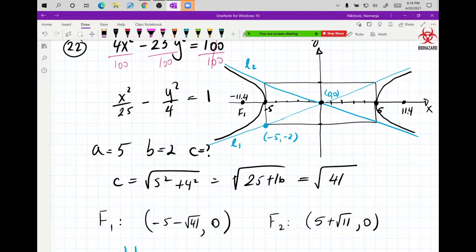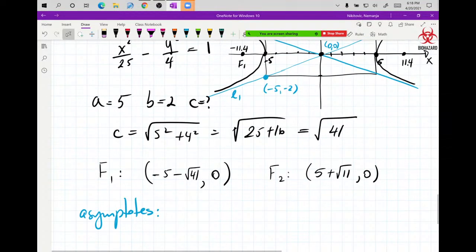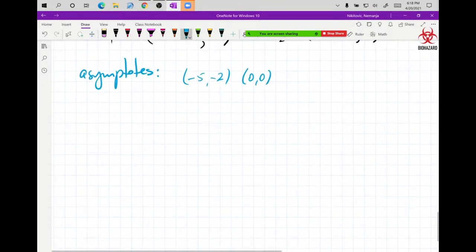But let's calculate that. So for the asymptote, I have negative 5, negative 2, and 0, 0 as points. So now, nothing else exists. We just have 2 points, find the equation of the line. You know that your slope, m, was given as y2 minus y1 over x2 minus x1. And you can call each one of these whatever you like, x1, y1, or whatever.